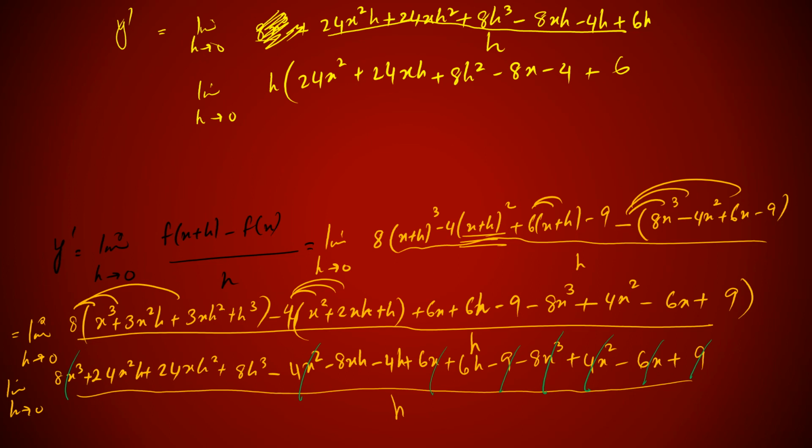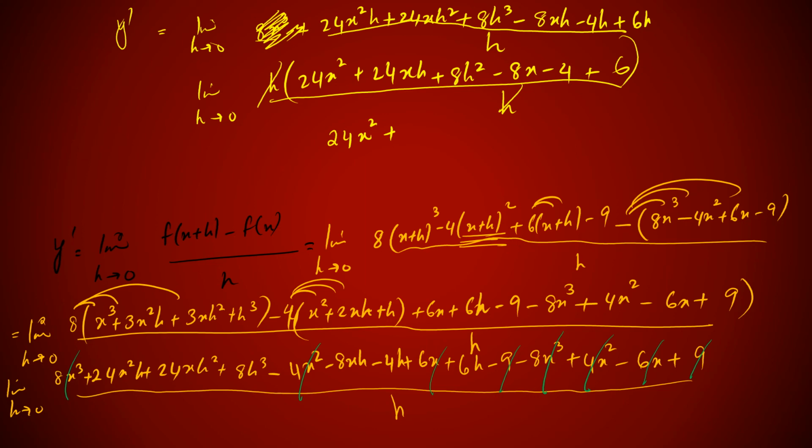Let me just check that we didn't make a mistake. Yes, over h. Now you can write at this stage that minus 4 plus 6 gives positive 2, but in the end also we can sort this out. So h and h cancel. What is left? 24x square.